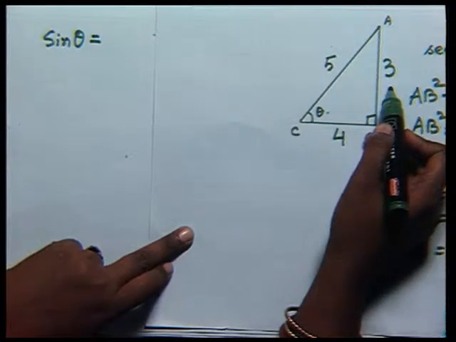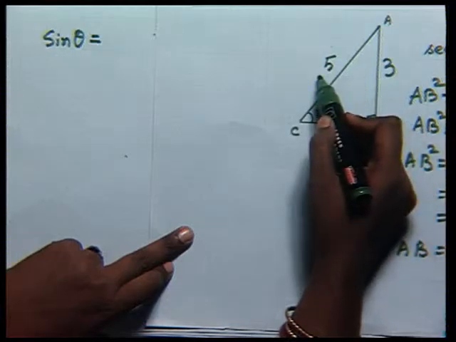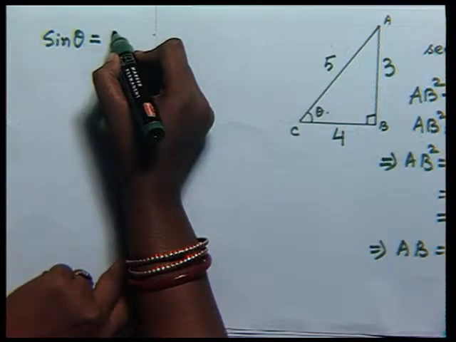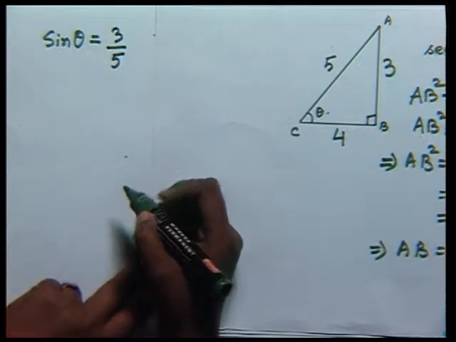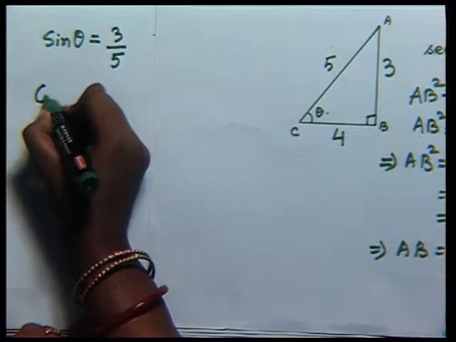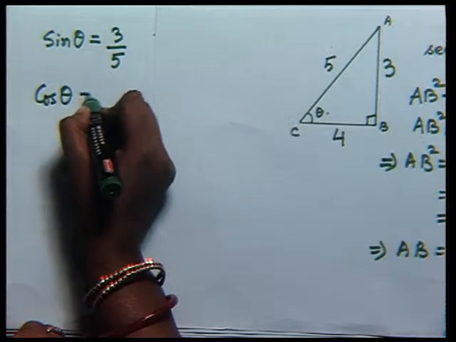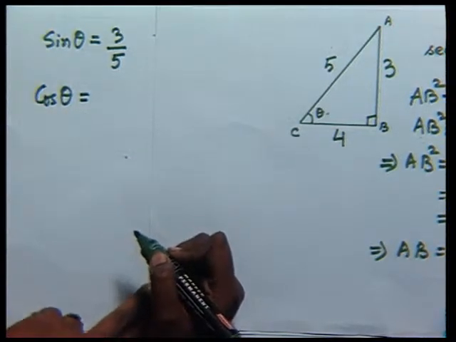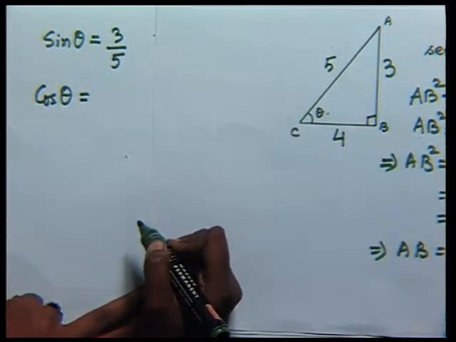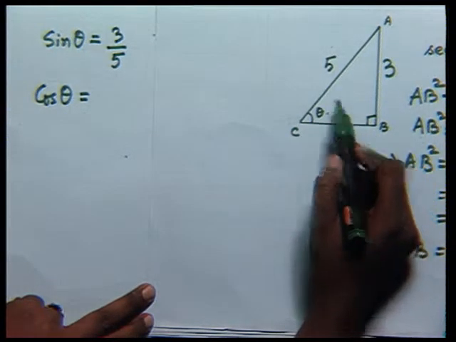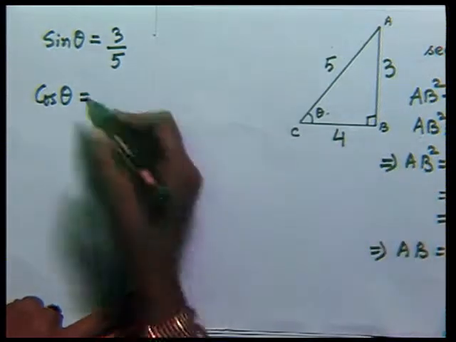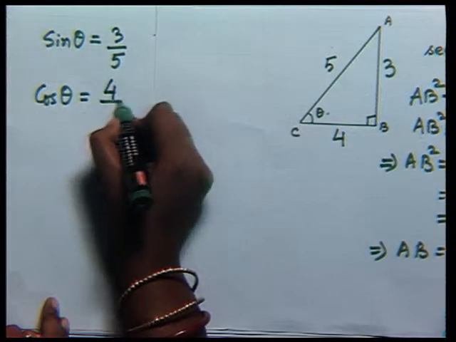Here the side opposite to the angle theta is 3 and hypotenuse is 5. So, sin theta will be equal to 3 upon 5. Cos theta is the ratio of the adjacent side to that of the hypotenuse. So, it is equal to 4 upon 5.